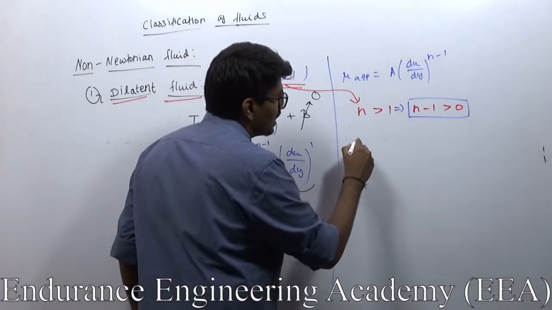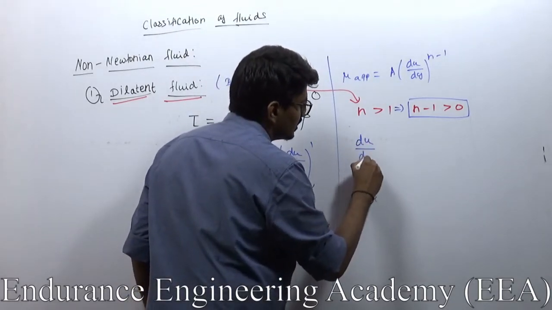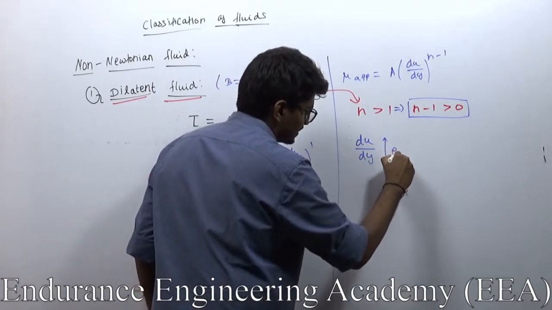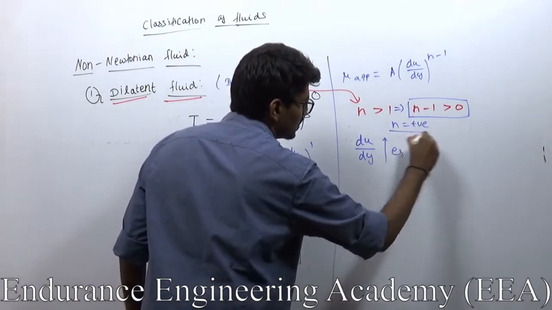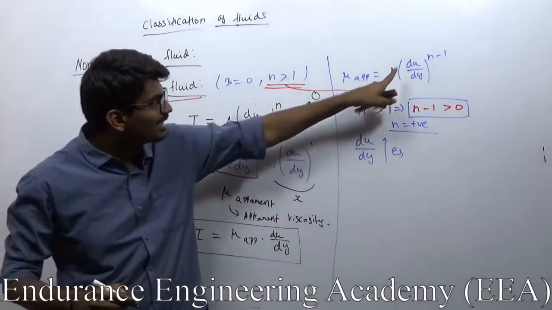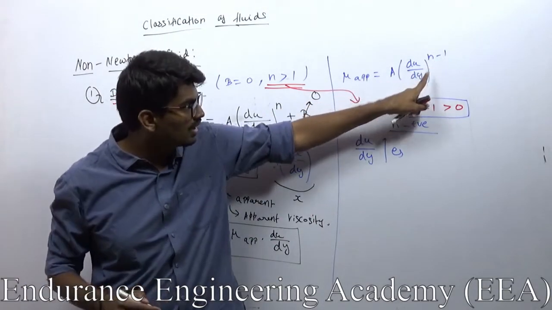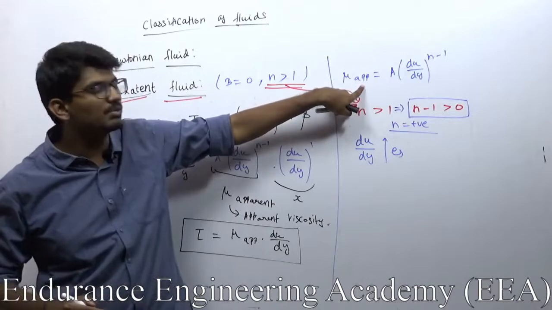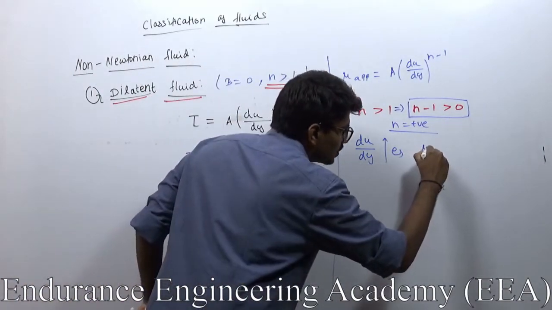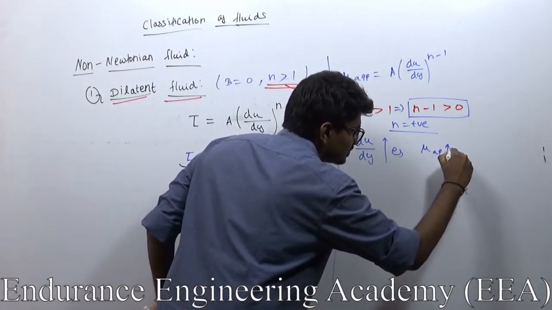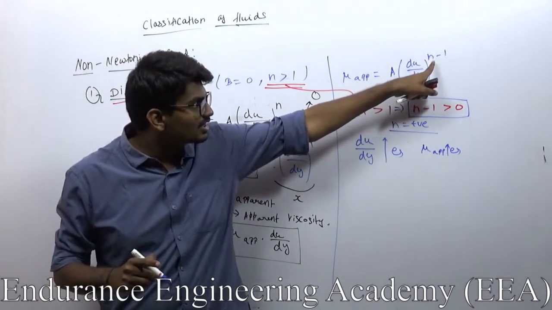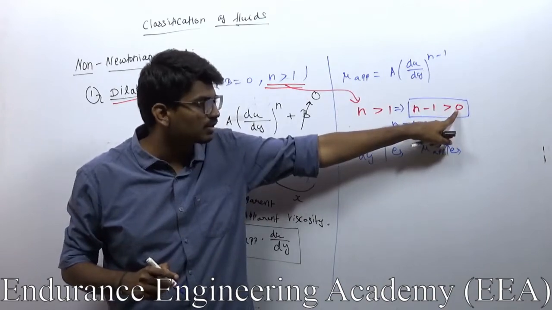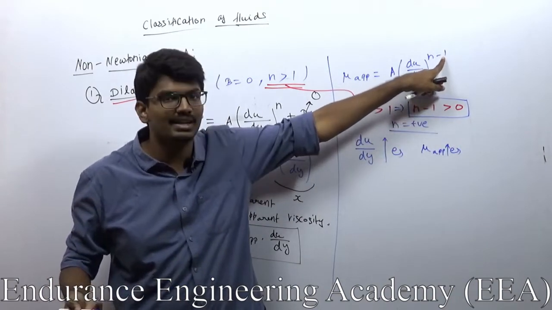Now say if du by dy increases, since n minus 1 is positive, this mu apparent value also increases, right? Since n is greater than 1, n minus 1 is greater than 0.